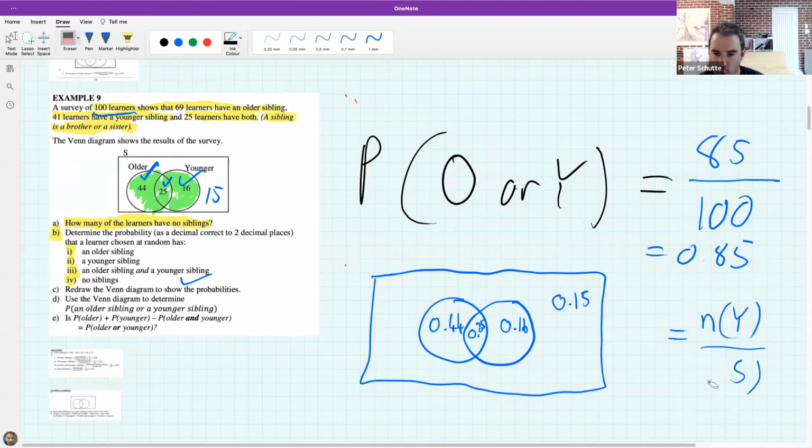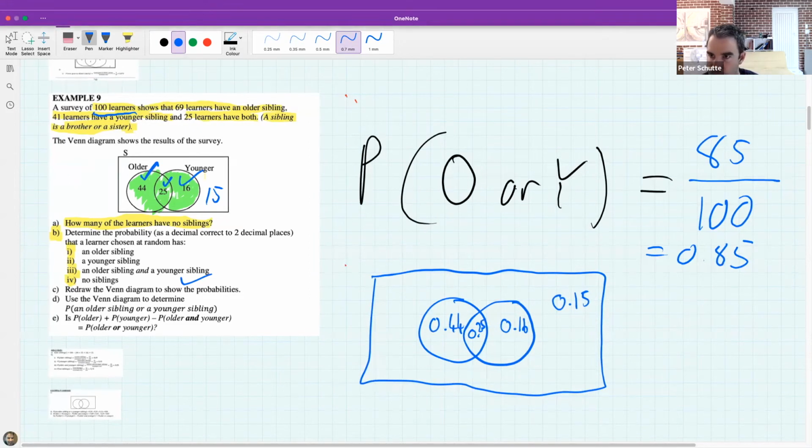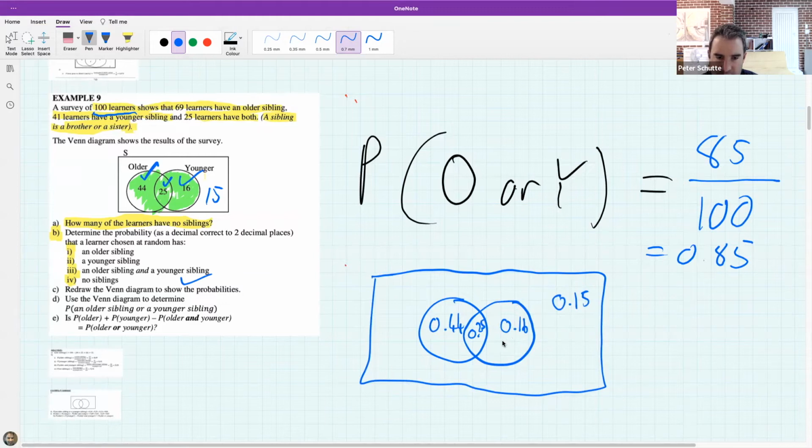Now, what do you notice about all of these probabilities together? We're going to have a break in a moment, but I just want you to take a moment. If you look at all these probabilities for the different regions and you add them, what do you get? Okay.